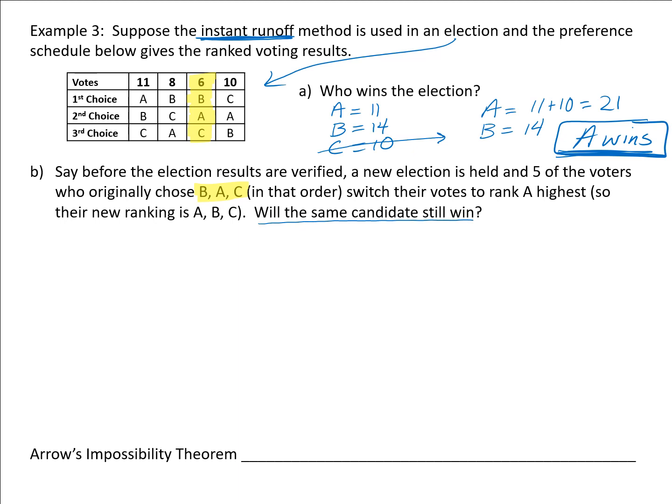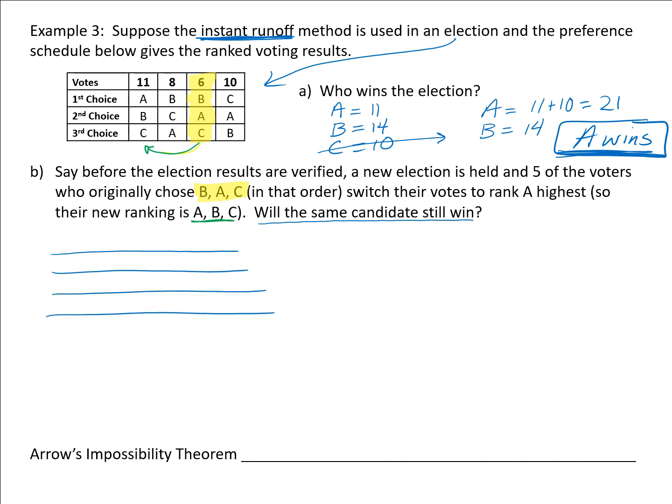So when their votes change, they're going to end up going into a different column. In particular, those 5 people, their votes are going to end up going over into the ABC column because they're going to have A ranked highest. They want to kind of be part of the winning team, as I said. So it can be a little confusing to see it on the same preference schedule. Let's redraw the preference schedule to kind of show what would happen.